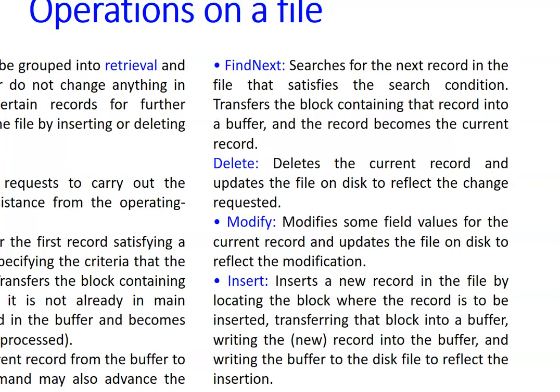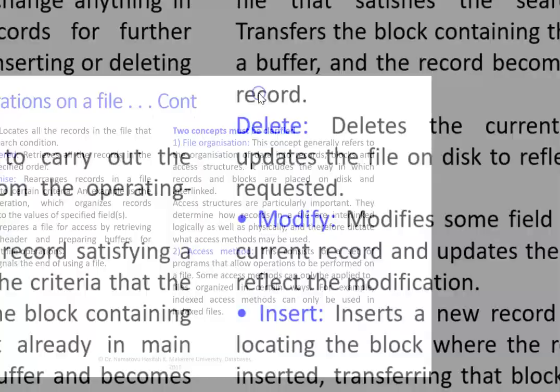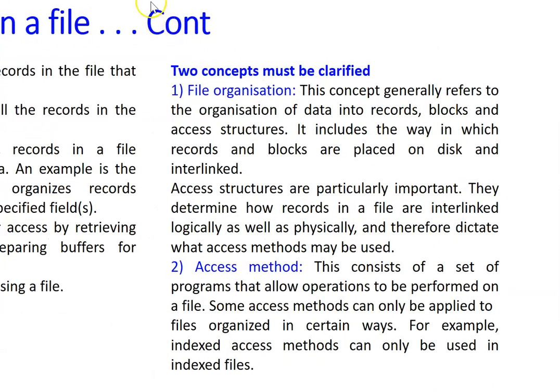The same thing happens if you're going to delete a particular record: the block is taken from the disk to the main memory, then a search is done, the record is found and deleted, then an update is done, and then it goes back to the disk space. Modification is the same, and insertion is the same. The same process in essence.